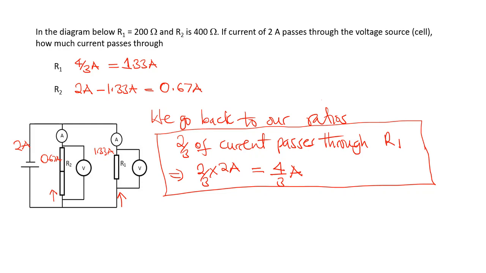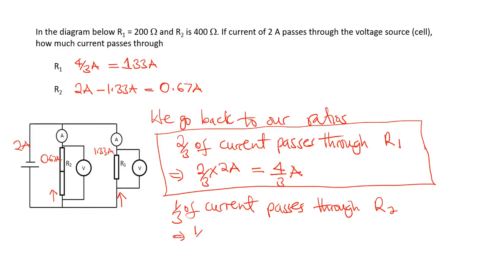You can also use the ratio for resistor 2. If we go back to our ratios, we know that 1/3 of current passes through R2.